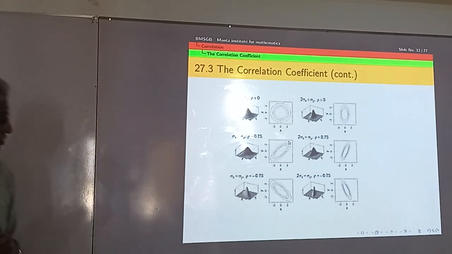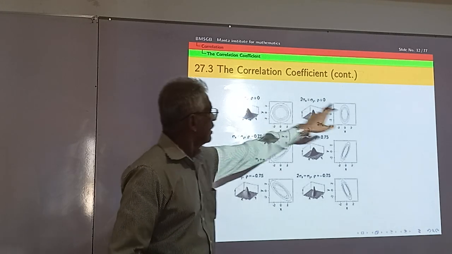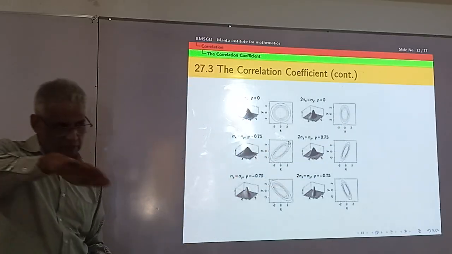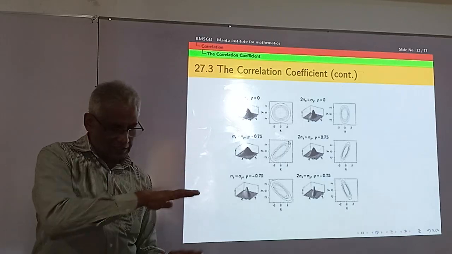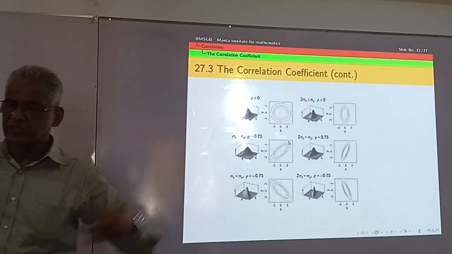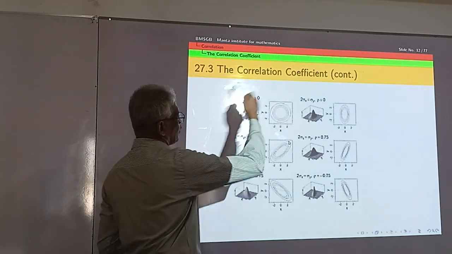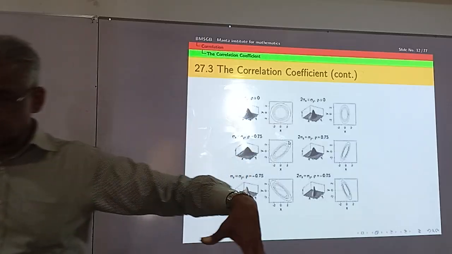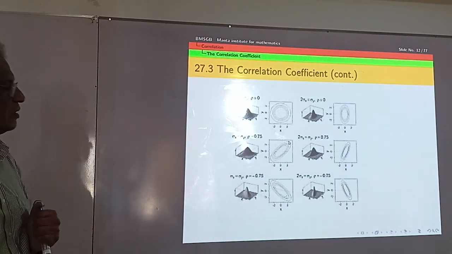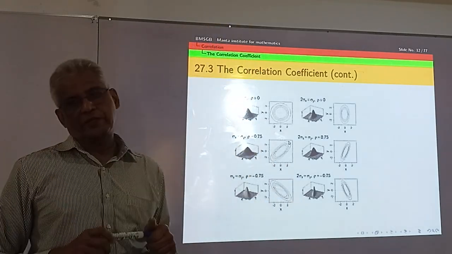These are the distributions, the corresponding graphs, and these ones are the contours. Right? If we cut the bell at different levels, we see contours like this.